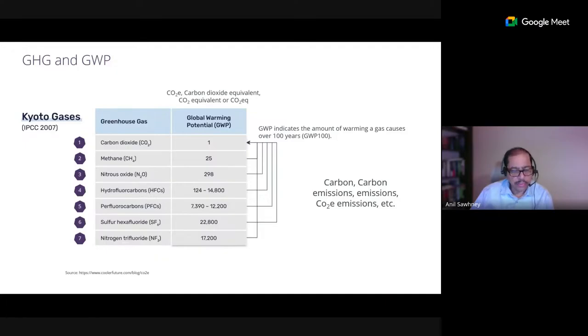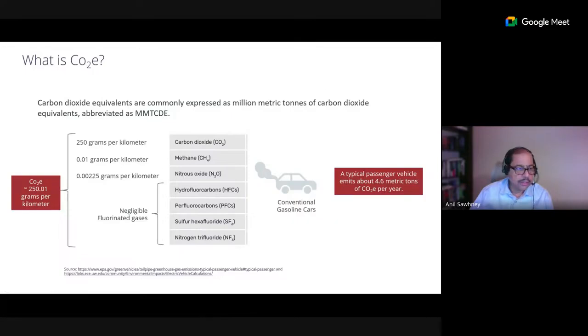So let's look at what this really means. The carbon dioxide equivalent is our measure of GWP. So from now on, whenever we do a WLCA for a building, we are going to be calculating emissions in terms of carbon dioxide equivalent. Carbon dioxide equivalents are commonly expressed as million metric tons of carbon dioxide, also written as MMTCDE.